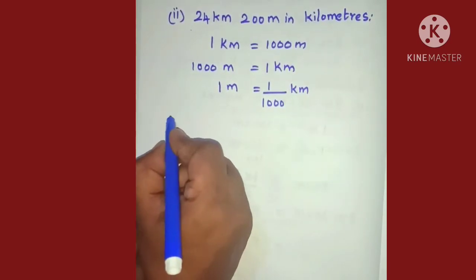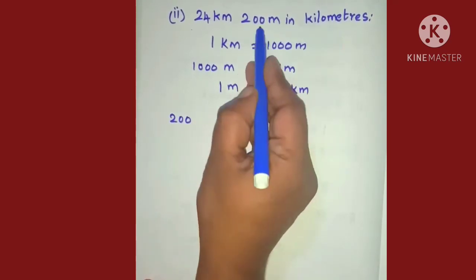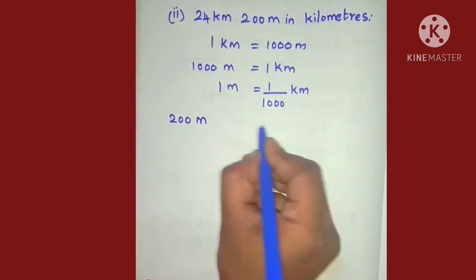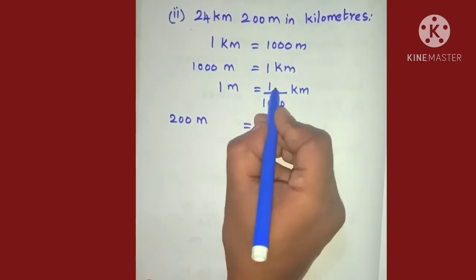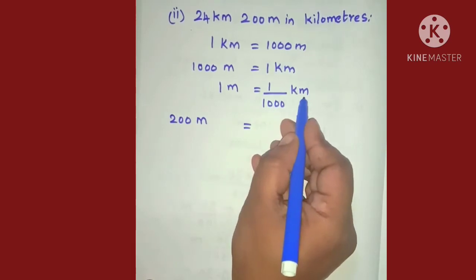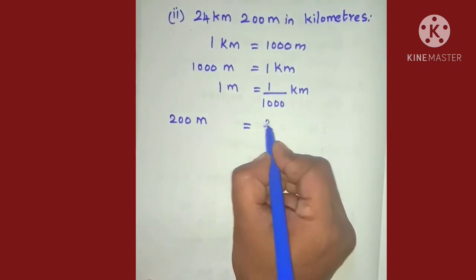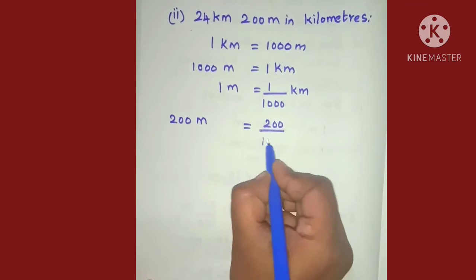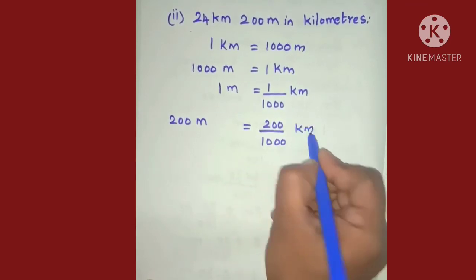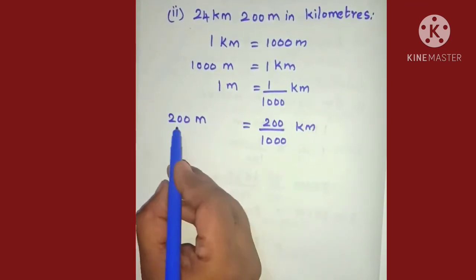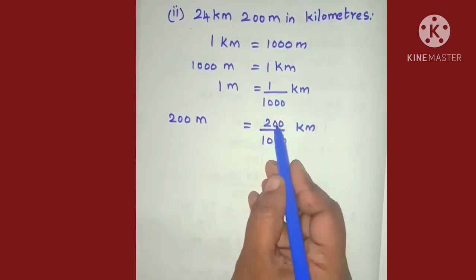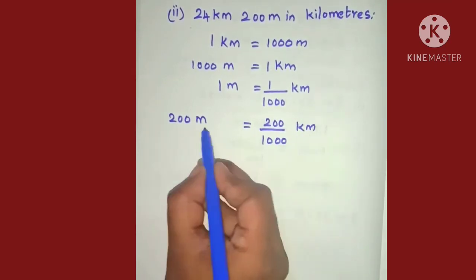So 200 meter is equal to 200 by 1000 kilometer. We change 200 meter into 200 by 1000 kilometer.